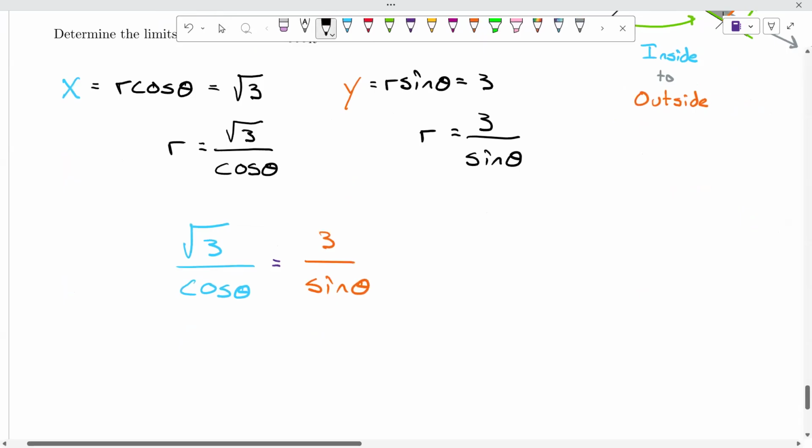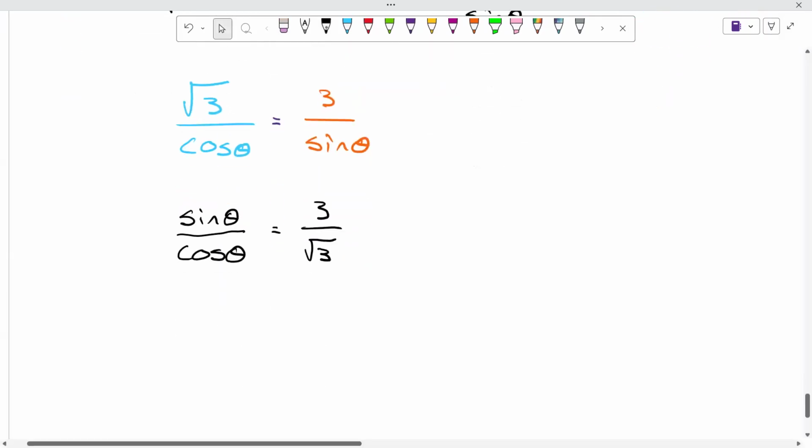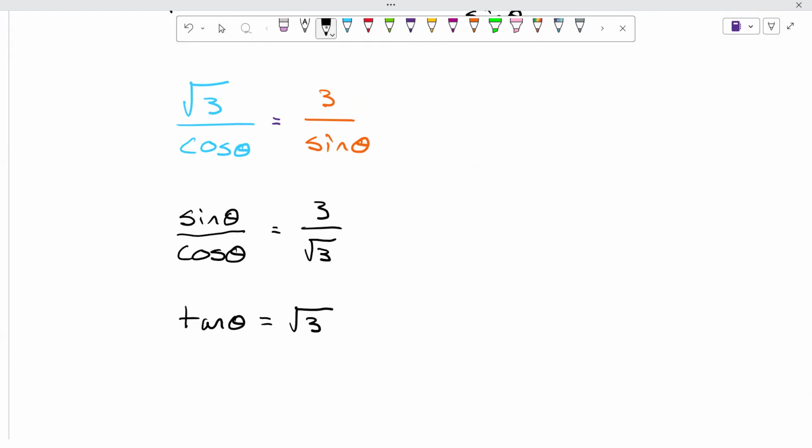Solving this, if I move all my numbers to one side, it'll be 3 over square root 3, and multiplying the thetas all to one side, sine theta over cosine theta. So tangent theta is equal to 3 over root 3, which simplifies to square root 3. And if tan theta is root 3, then theta is pi over 3.